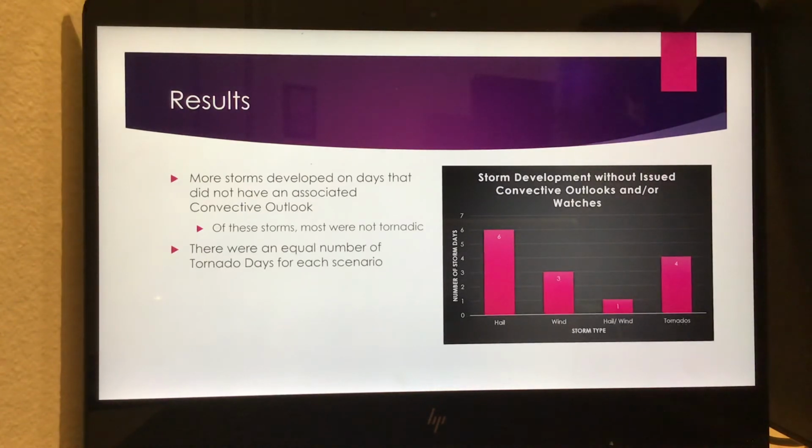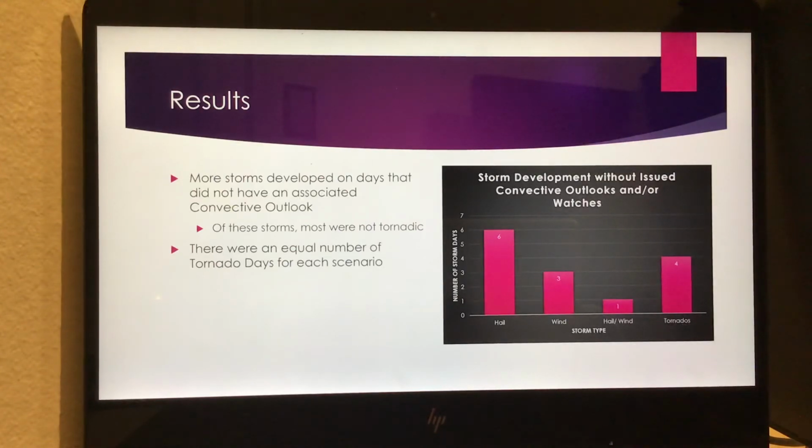For the ones without issued convective outlooks and/or watches, there were 6 days with storms that produced hail, 6 that produced wind only, 1 that produced hail and wind, and then 4 days that produced tornadoes. And please remember that it's not 4 storms that produced tornadoes. It means that there were 4 days within this 3-month time period that formed tornadoes. There may have been 5 or 6 tornadoes on one particular day, so just keep that in mind.